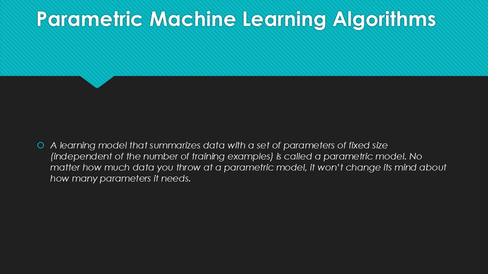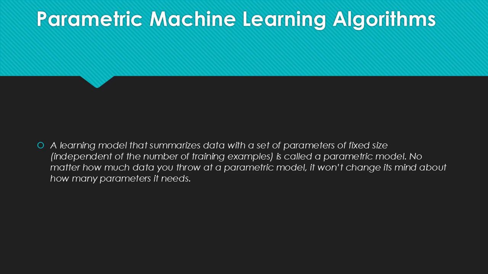So what is that? Parametric in the sense of parameters. When we train a model with the training data and the model has a fixed number of parameters, we call that a parametric model.